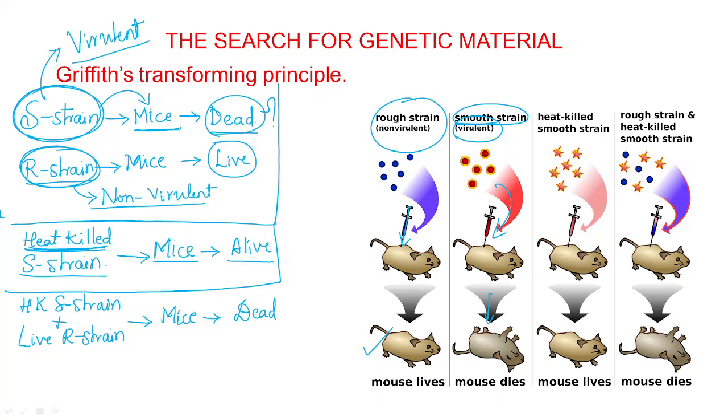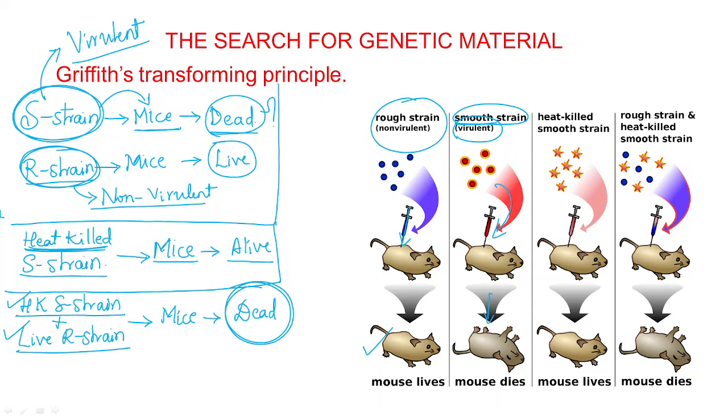But remember, we know that heat killed S strain bacteria is non-virulent, and live R strain is also non-virulent. When we combine both of them, both being non-virulent forms, the mice should not die. Is that right? But surprisingly, when the mixture of both was given to the mice, all the mice were found to be dead.